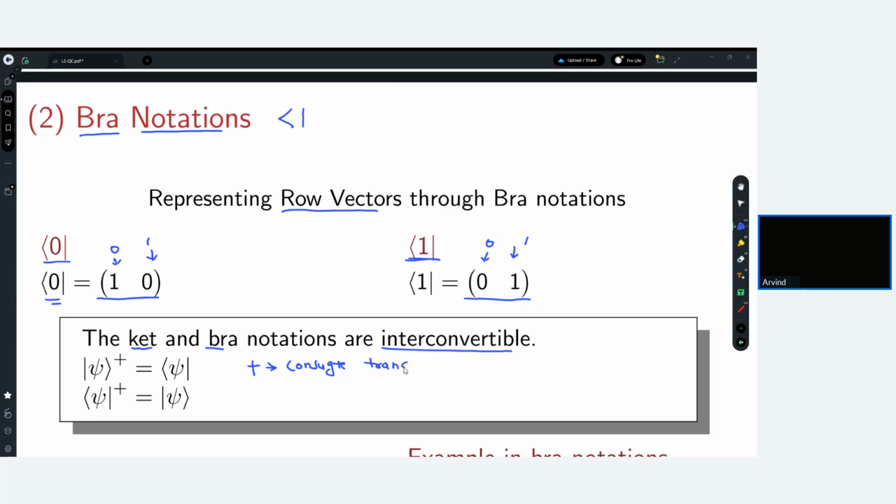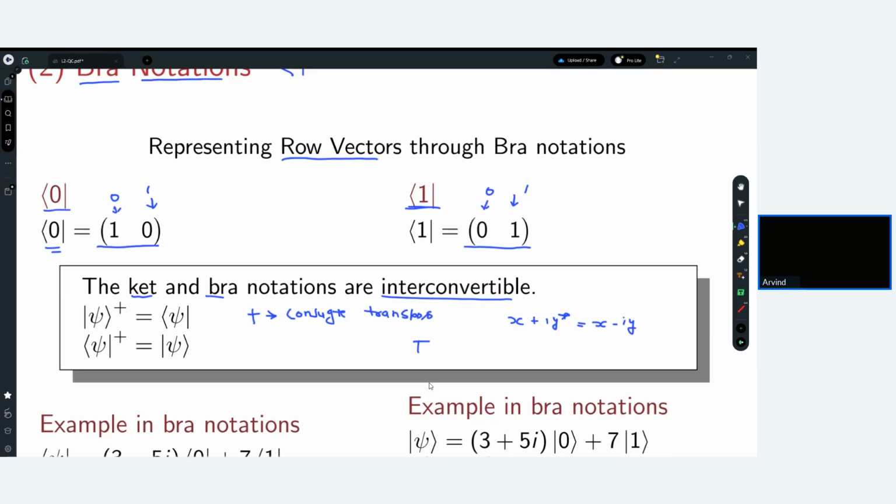Here the conjugate is taken for a complex number. If x plus iy is a complex number, its conjugate is x minus iy, and transpose of a vector means that we are going to convert rows into columns and columns into rows.